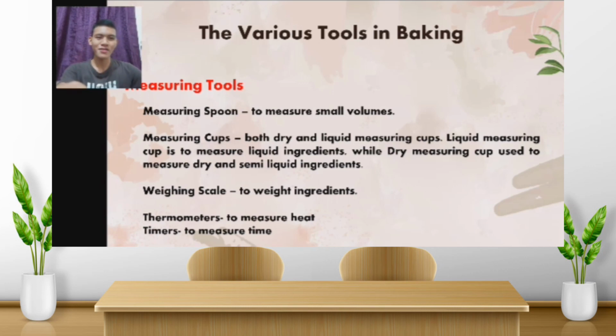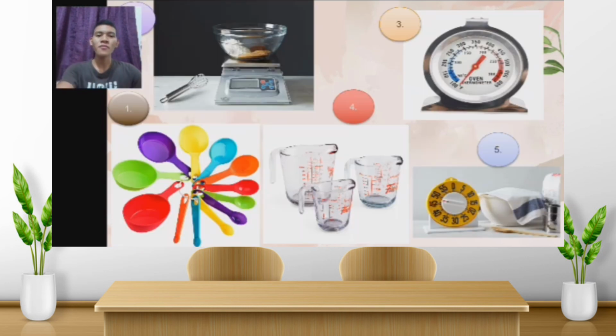Okay? So I have here an image of the measuring tools. For number 1, it is the combination of the measuring cup and measuring spoon. Particularly the measuring cup, it is the dry measuring cup.